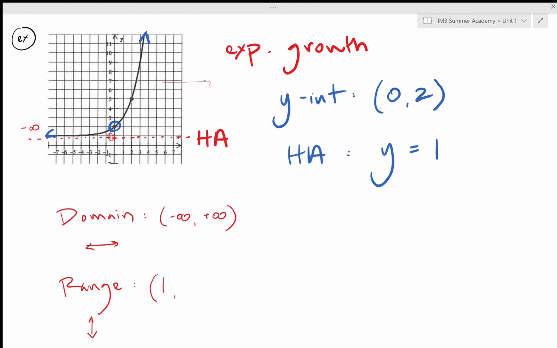Now, does it ever stop going up? No. It keeps going up forever, and that one's easy to tell, and the number up that way is positive infinity. So we've identified what it is, the intercepts, the asymptotes, the domain and range. And you notice there's no x-intercept on this because this line, this 1, is keeping it from crossing, so it can't get to the x-axis, so there are no x-intercepts.